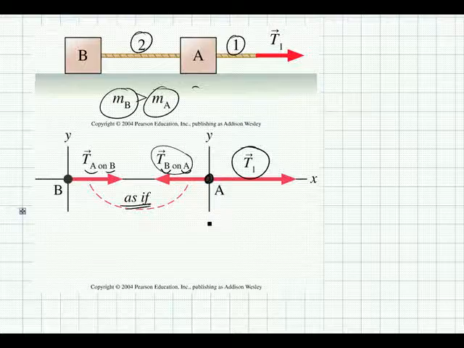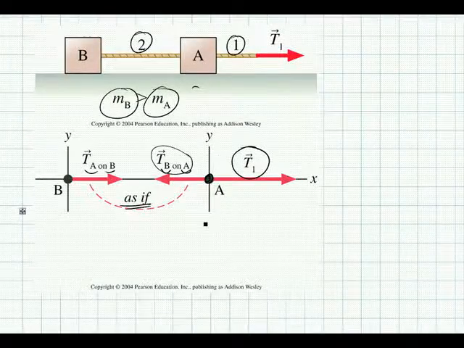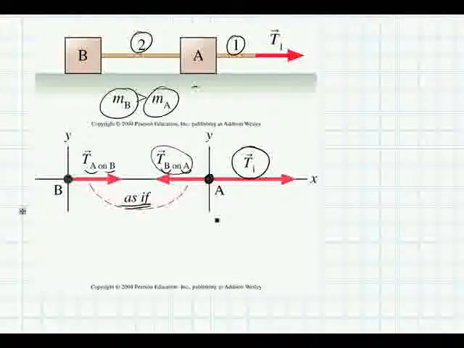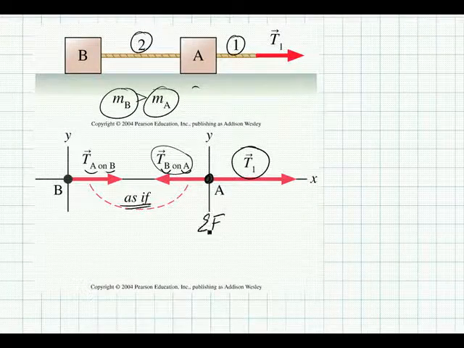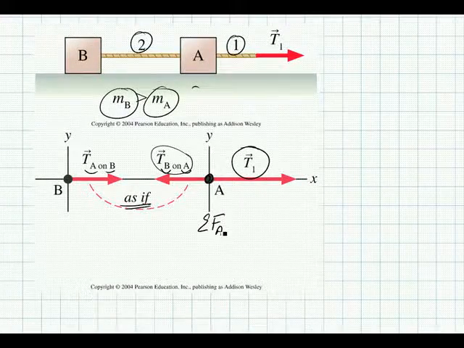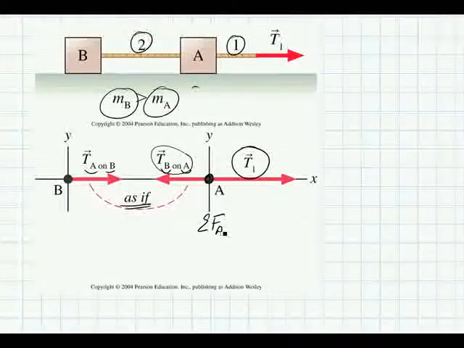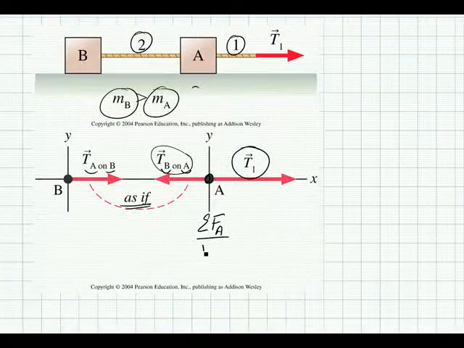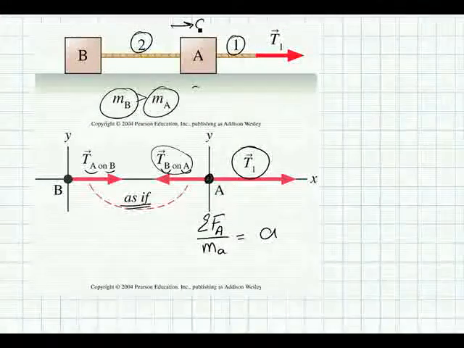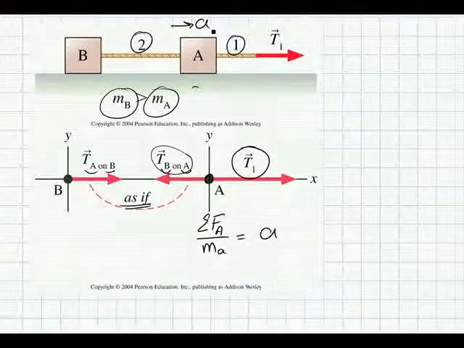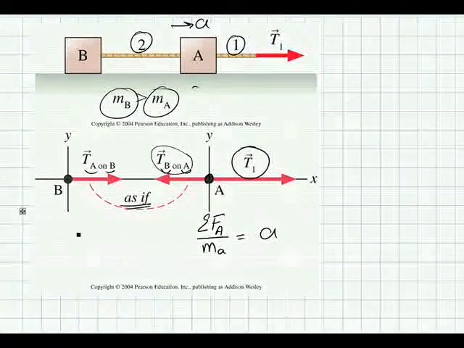And you see that from the free body diagram for object A, we can calculate the net force on object A. This is all in the x direction, of course. And dividing that by the mass of A, we end up with acceleration. Our acceleration constraint is that the acceleration of both objects must be the same.